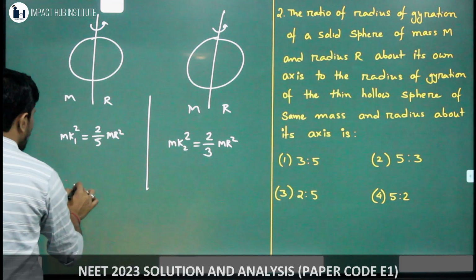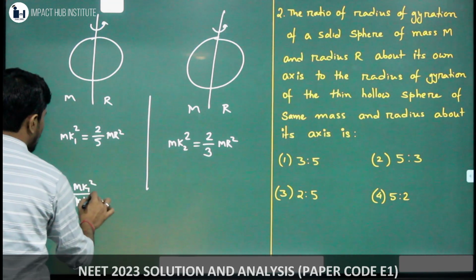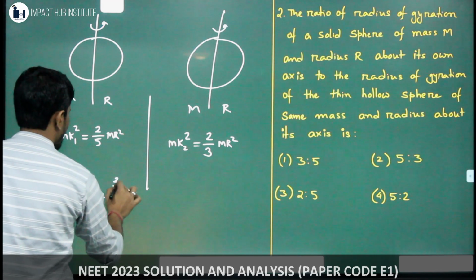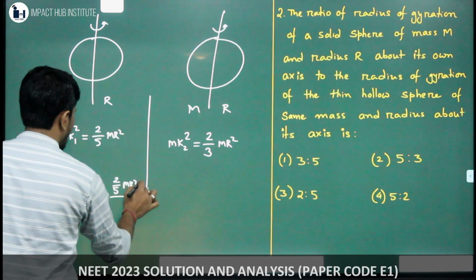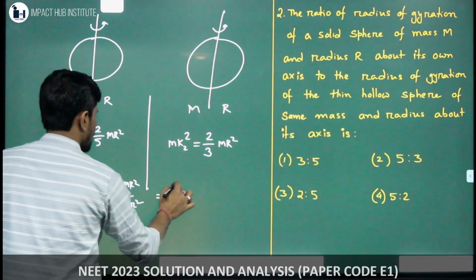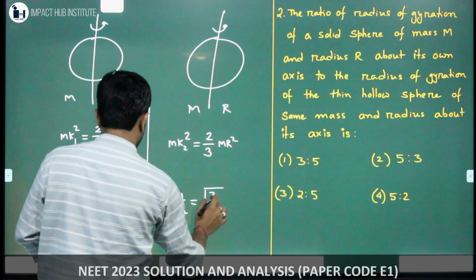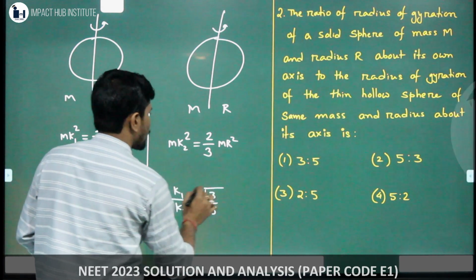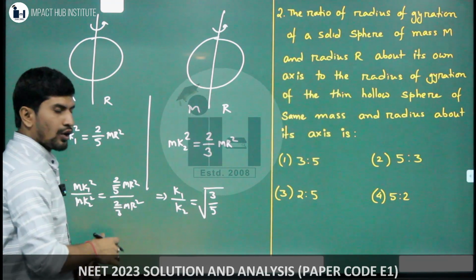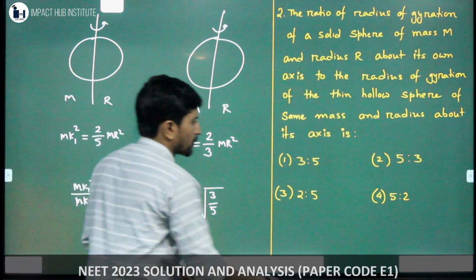Therefore, I will divide both of them. So mk1² divided by mk2² equals 2/5 mr² divided by 2/3 mr². I simplify this and the answer comes out to be 3/5, square root of 3/5. This question will be a bonus because none of the options are correct here. Let's move on.